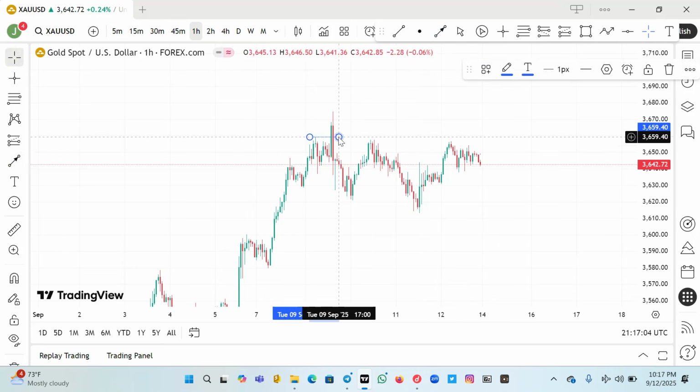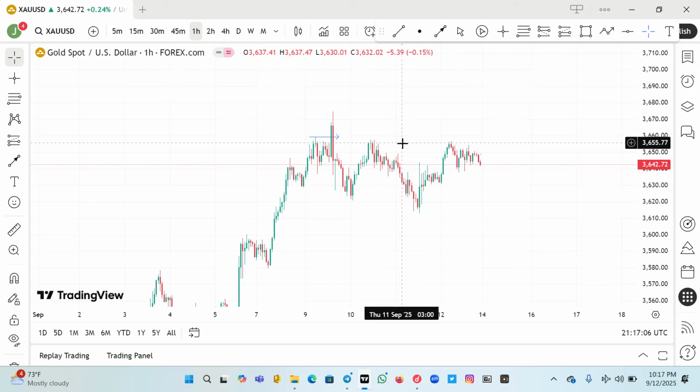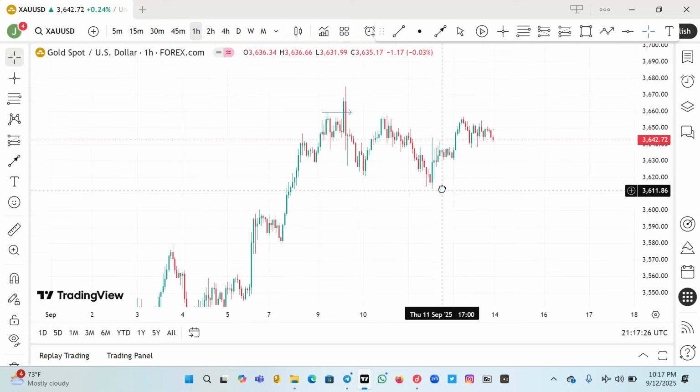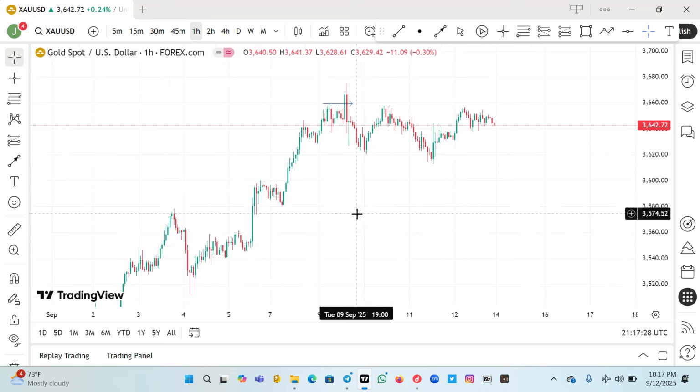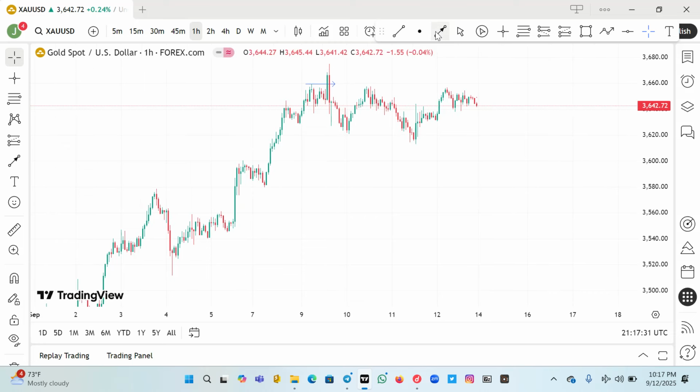Now, if the market has moved in a particular direction, the thing I want to do after the market has moved in that direction is to mark out my break of structure in that direction, right? I'm going to trade on these structures. Let's say we have this here again. We have another break of structure here again.